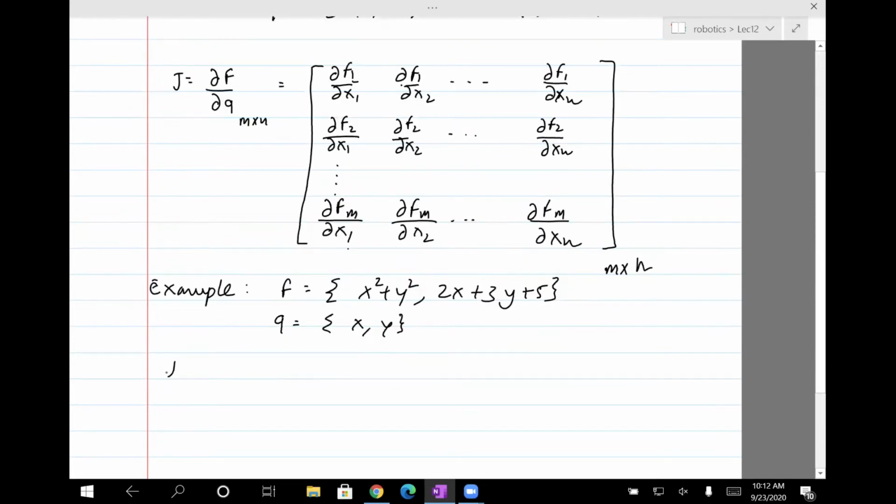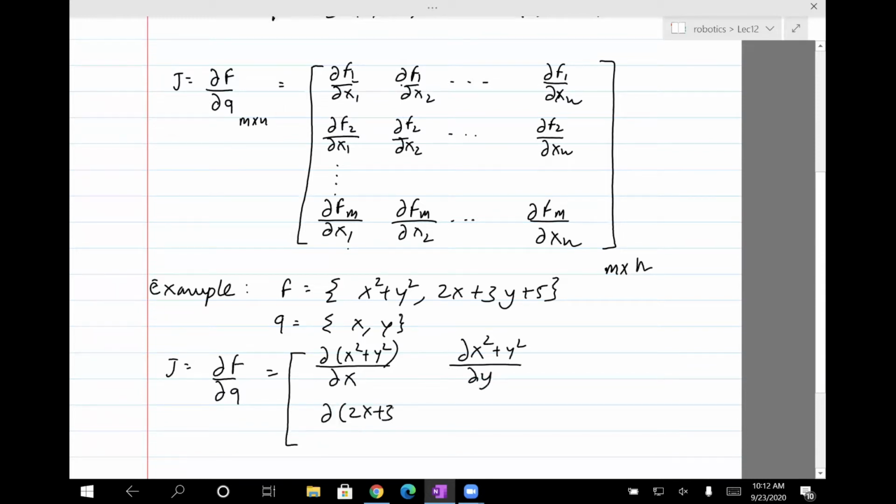So then if I want to find the Jacobian or df dq, that's simply d(x squared plus y squared)/dx, d(x squared plus y squared)/dy, and then d(2x plus 3y plus 5)/dx, and d(2x plus 3y plus 5)/dy.